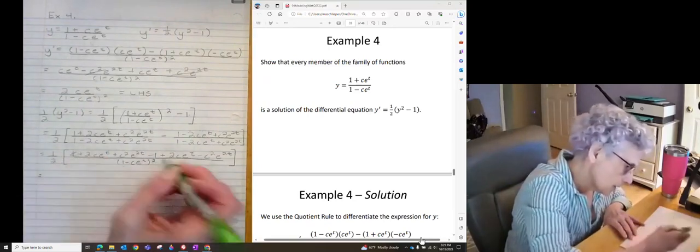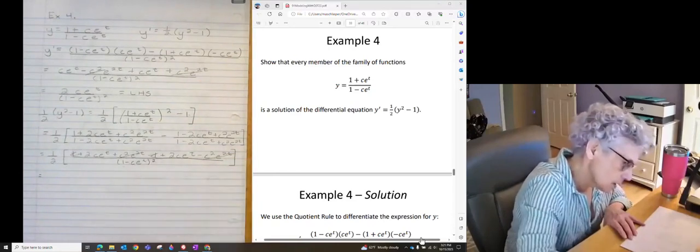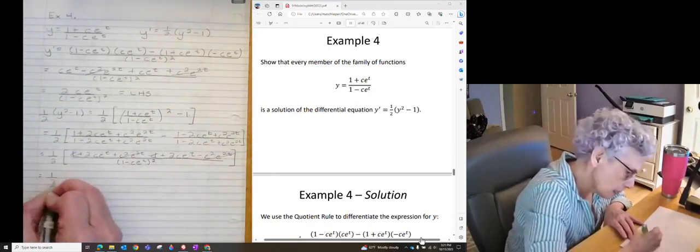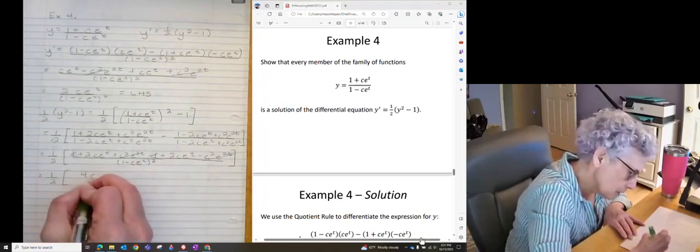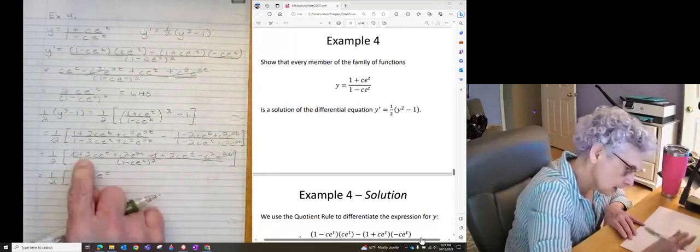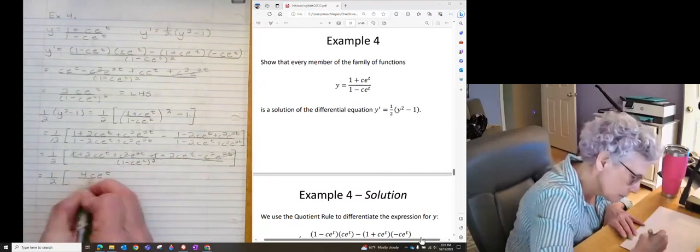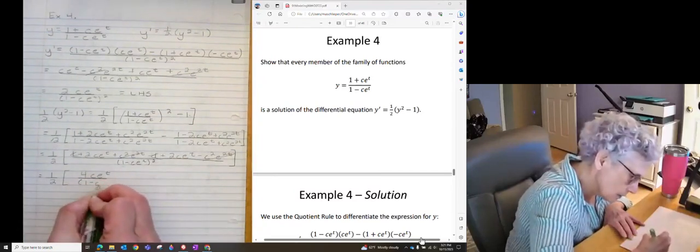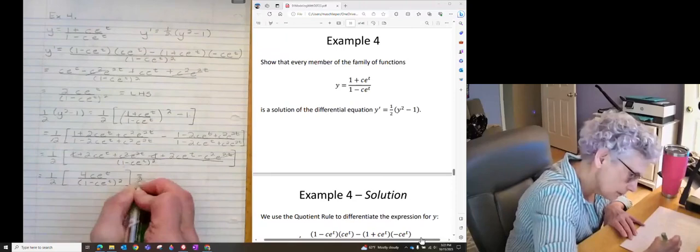So now 1 goes away, c squared e to the 2t goes away. I have 1/2 of 4c e to the t over (1 minus c e to the t) squared.